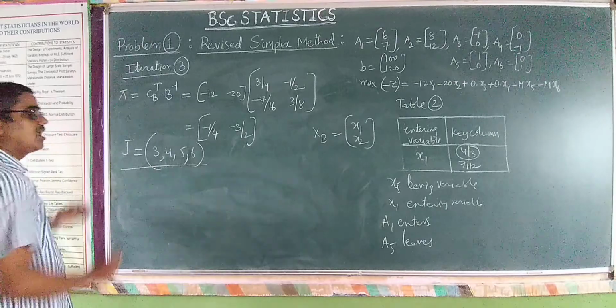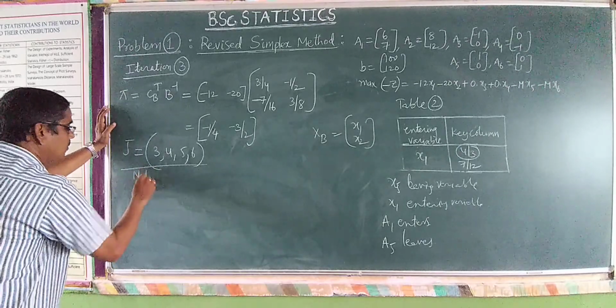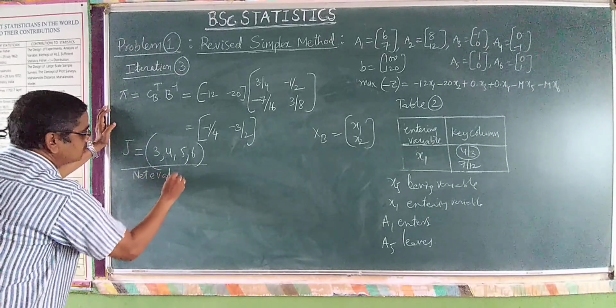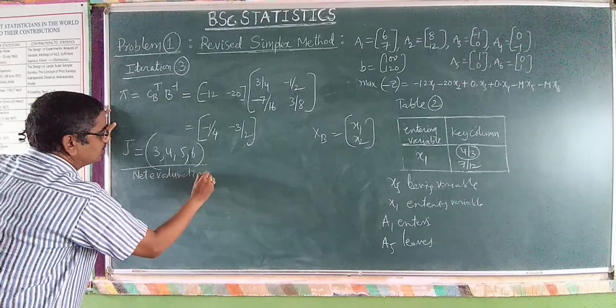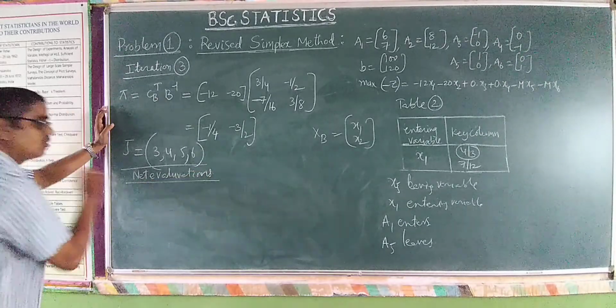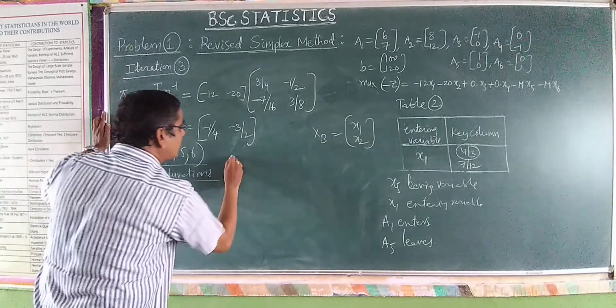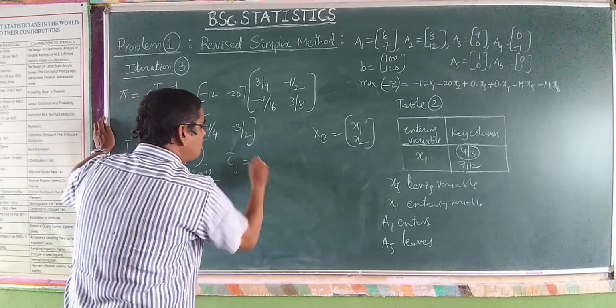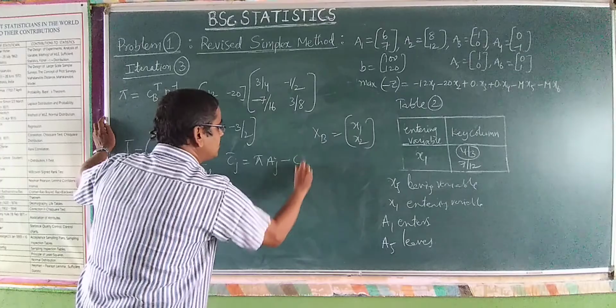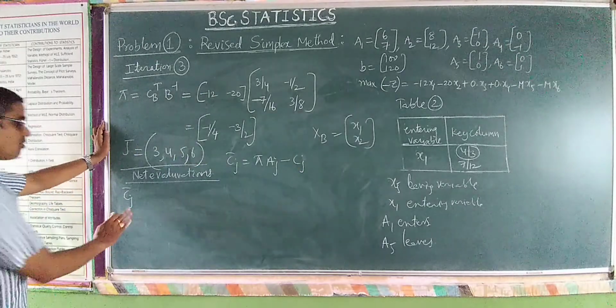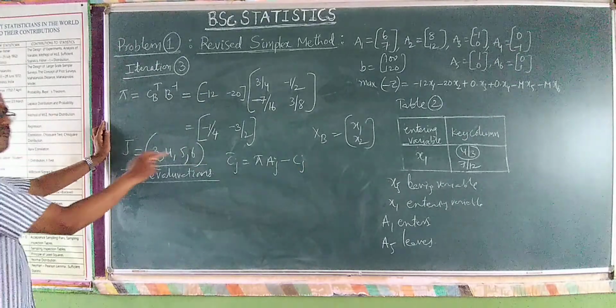Now we have to start the net evaluations. Based on these net evaluations we have to calculate. What is the formula of net evaluation? C bar J. I write the formula here. C bar J is equal to pi Aj minus Cj. You have to calculate here for 3, 4, 5, 6.